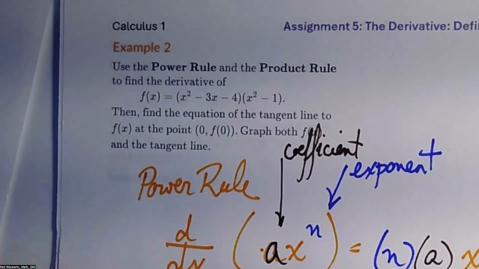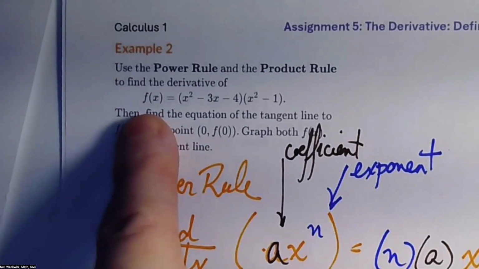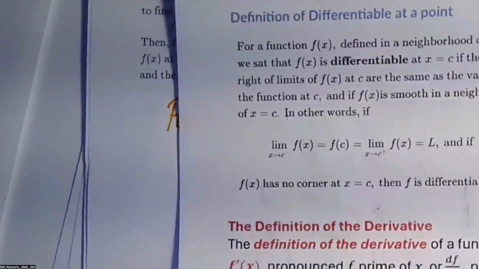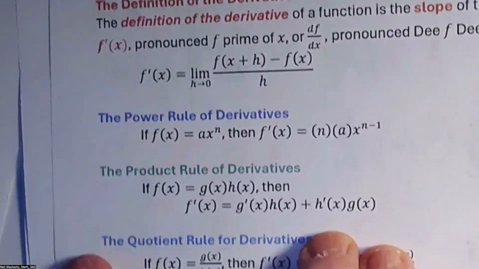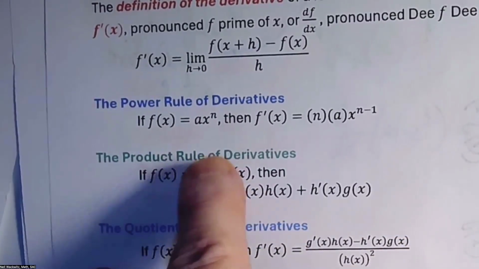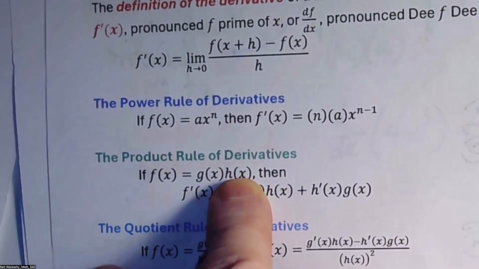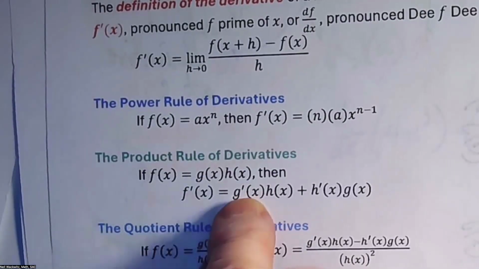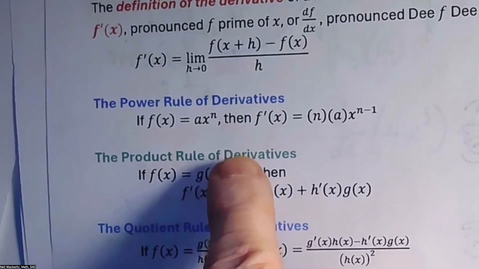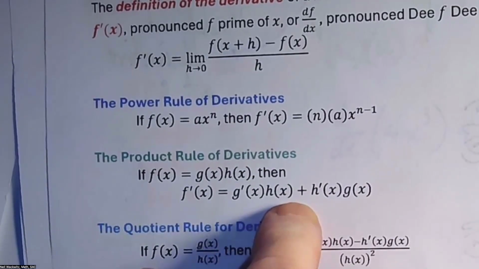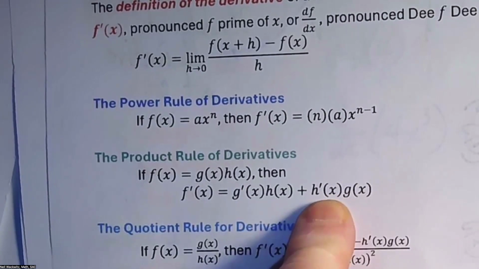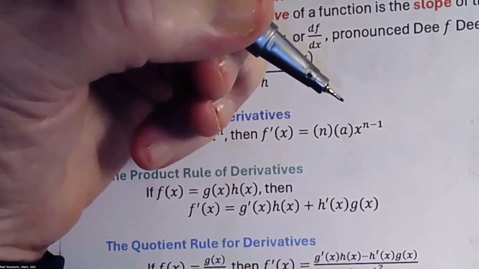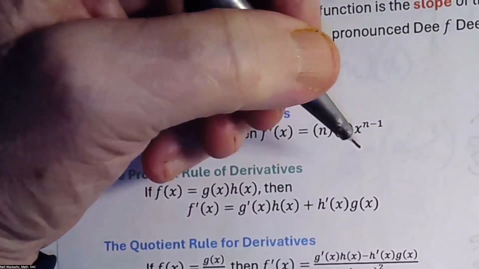So we want to use the product rule to find the derivative of f. And the product rule says if f is the product of 2 functions, then f prime is the derivative of the first function times the second function, plus the derivative of the second function times the first. And the shorthand way to write this, I think, makes it easier to remember.